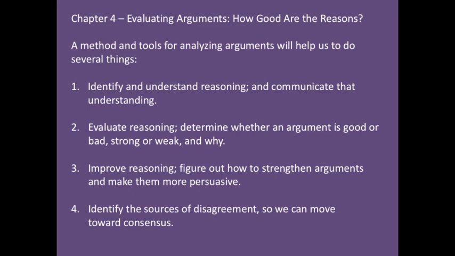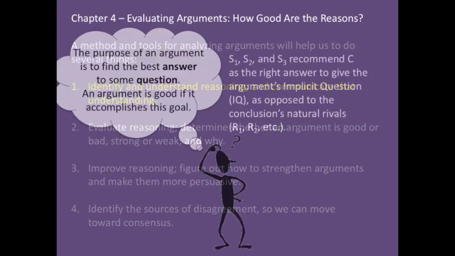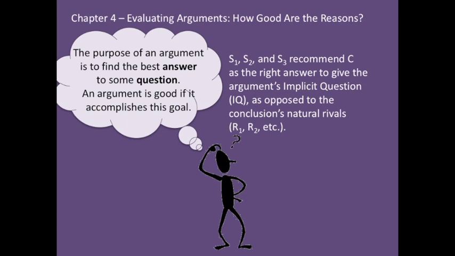In the first video, we really focused on this first part: understanding reasoning and communicating that understanding. We were introduced to this idea that the purpose of an argument is to find the best answer to some question. And that gives us a way of thinking about what the different parts of an argument are doing.